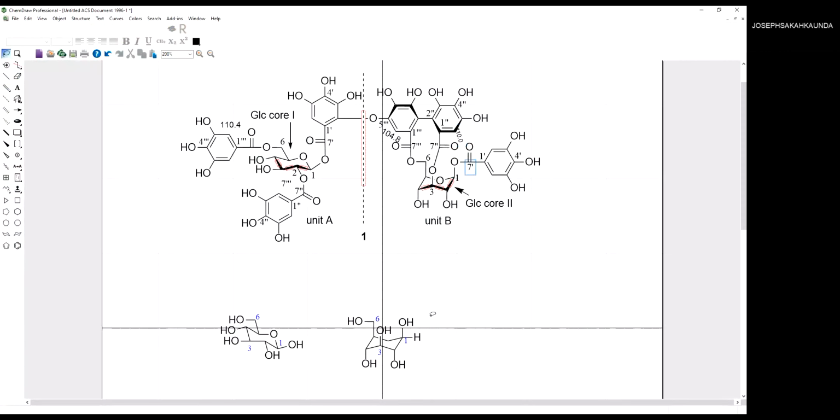Already the glucose has got hydroxy here. I'm talking about this one here. Then when you introduce substitution, it means the proton is knocked out. Then you link it to this group here. And this group is coming from this gallol group. So you bring an entire gallol group to that.